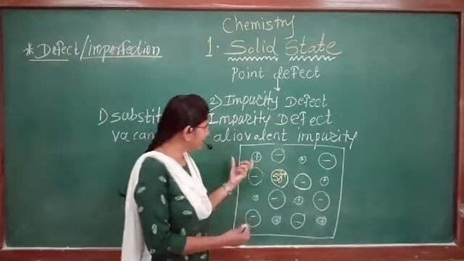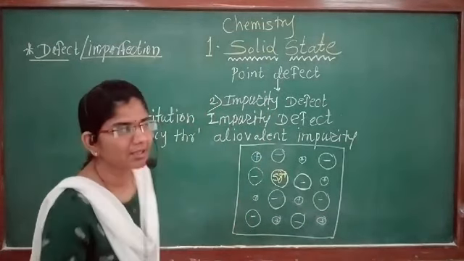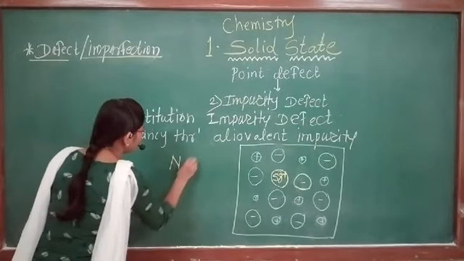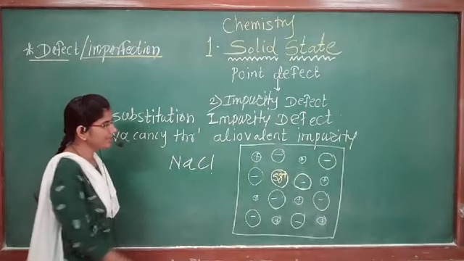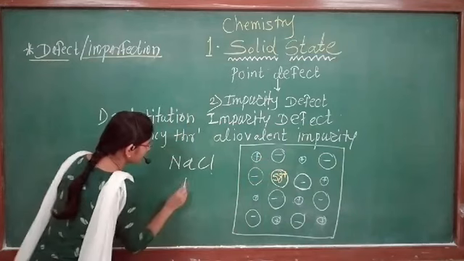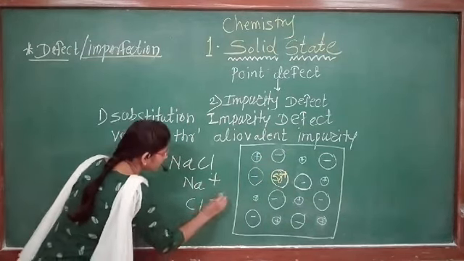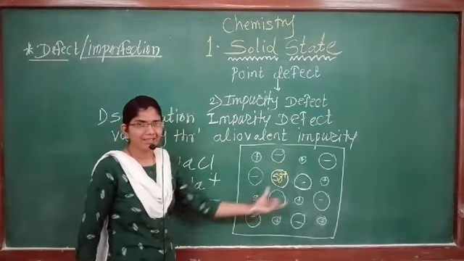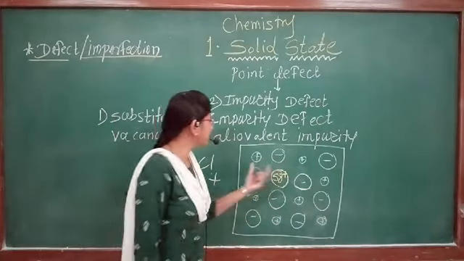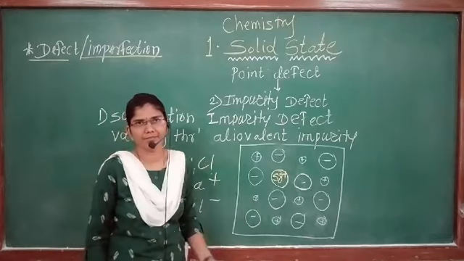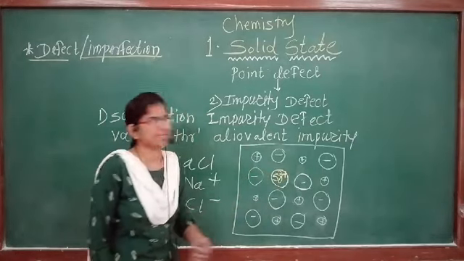Take the ionic solid NaCl. In this ionic solid, the plus charges are all the Na plus, and the Cl minus are the minus charges. This is the ionic crystal of NaCl.